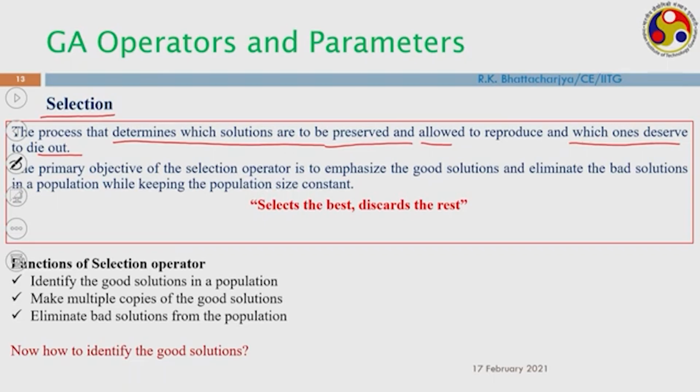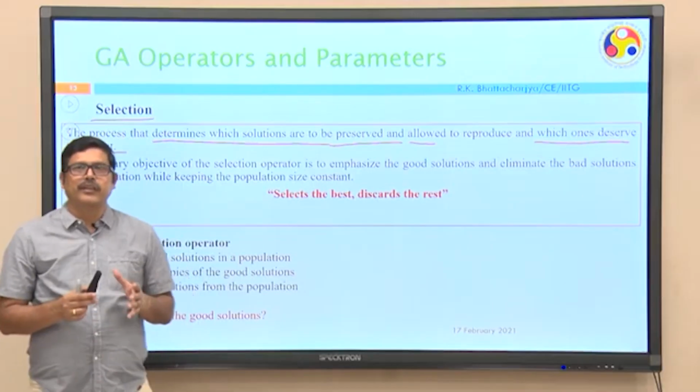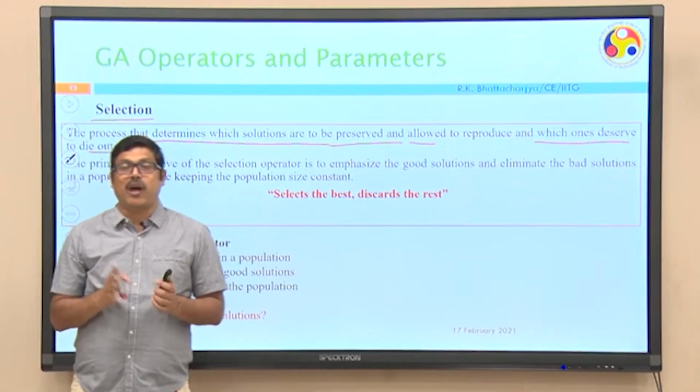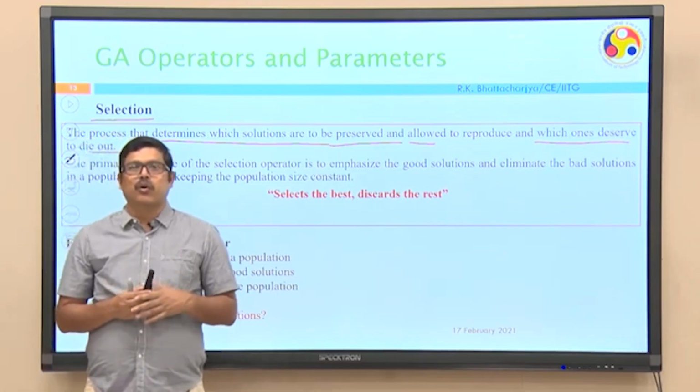The primary objective of the selection operator is to emphasize the good solutions and eliminate the bad solutions in a population while keeping the population size constant. Suppose you have a population of 100 solutions.